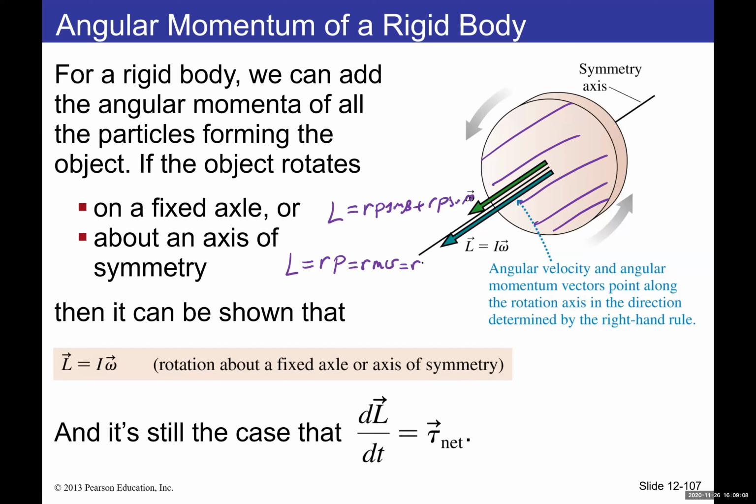For a rigid object, I would rather work with omega rather than v. Using v equals r times omega, I have r times omega for the v. That means the angular momentum is now equal to r squared times m times omega. All right, so now from here we can remember one thing.